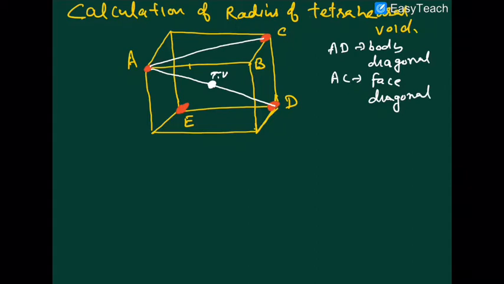Okay, now you see that the face diagonal is represented by the 2 spheres, atom A and atom C. So AC is equal to what?